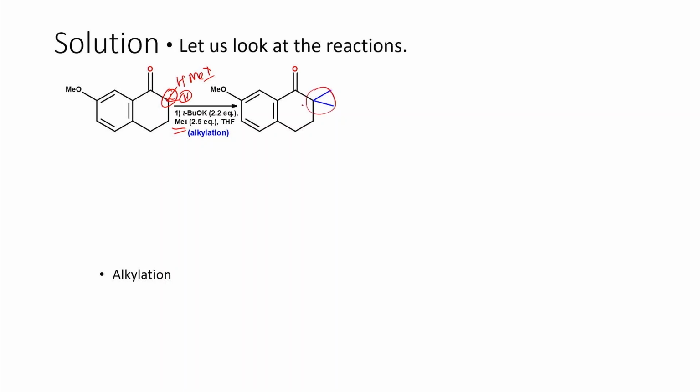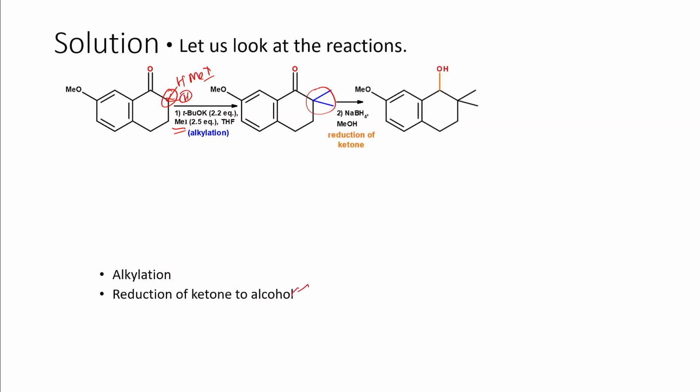So we get the dimethyl product as the first reaction product, and this is further subjected to reaction with sodium borohydride. Sodium borohydride reaction is nothing but the reduction of the carbonyl group. So here we have the carbonyl group, and that carbonyl group is reduced to the corresponding hydroxy unit. So the reduction to the hydroxy unit takes place as the second reaction.